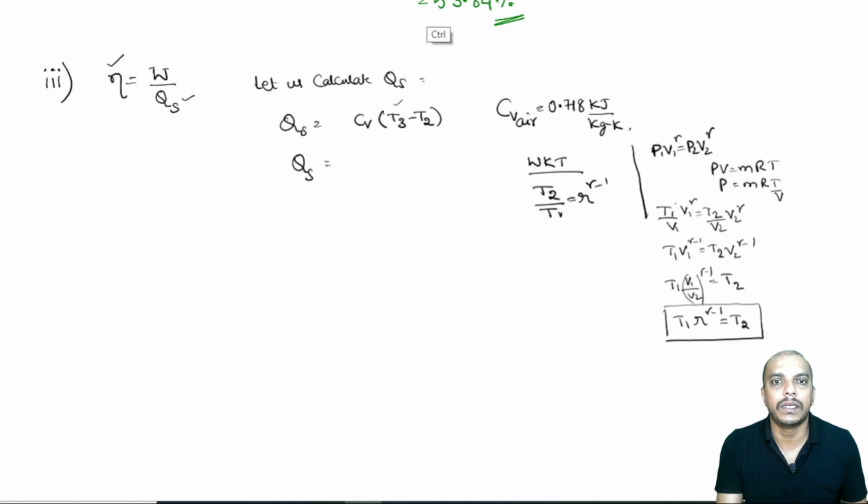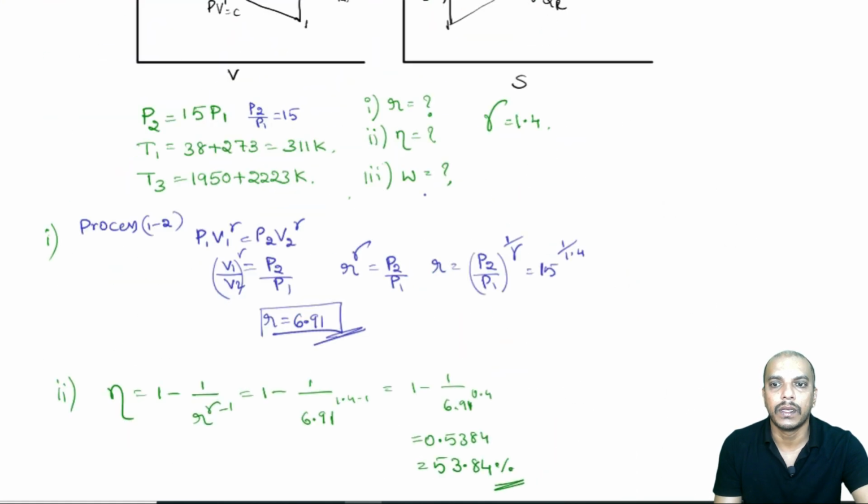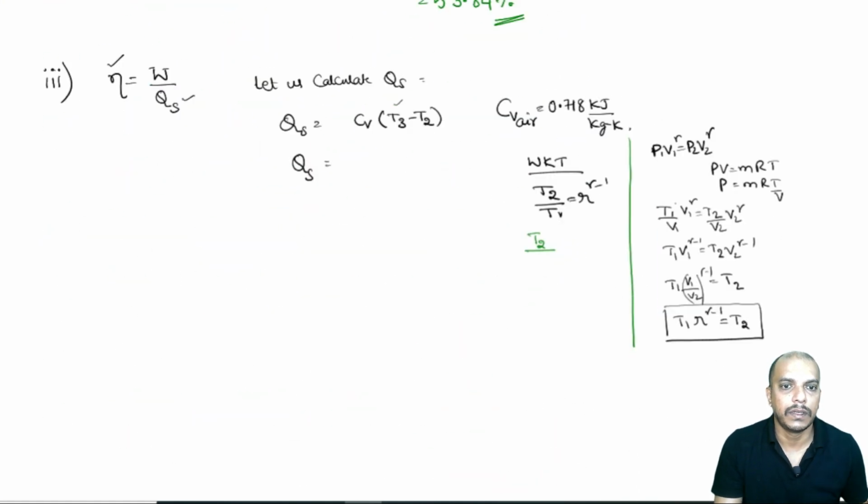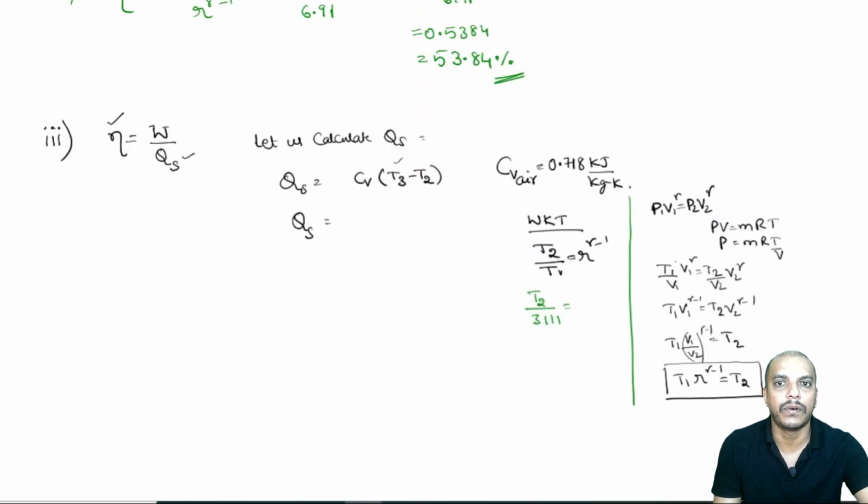Now let us calculate this T2. T1 was given to us. T1 was 311. So T2 is equal to 311 times the value of R we have found out, 6.91, power gamma minus 1, which is 0.4, that is 1.4 minus 1.